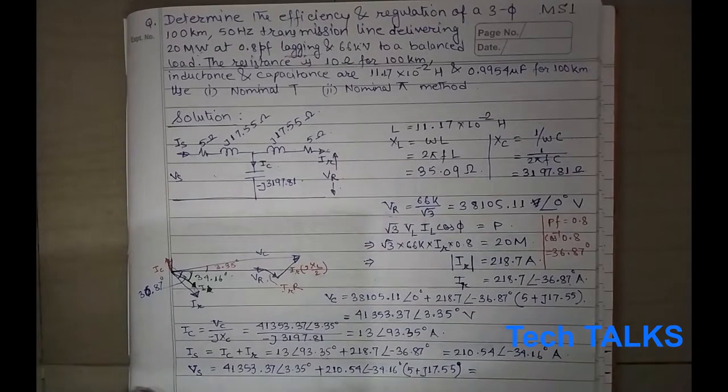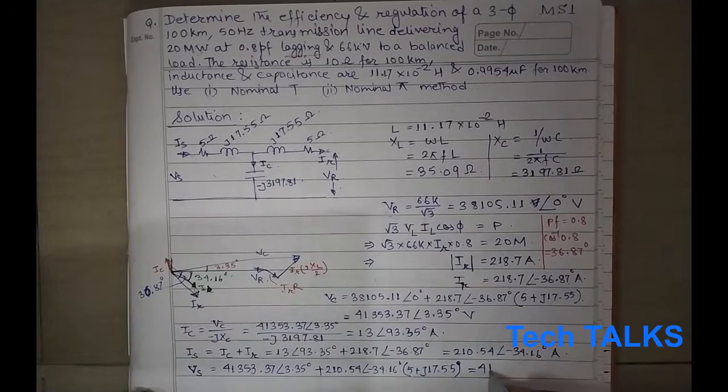So this is equal to what? VS. VS is equal to 44497.26 at an angle of 6.3 degree volt.